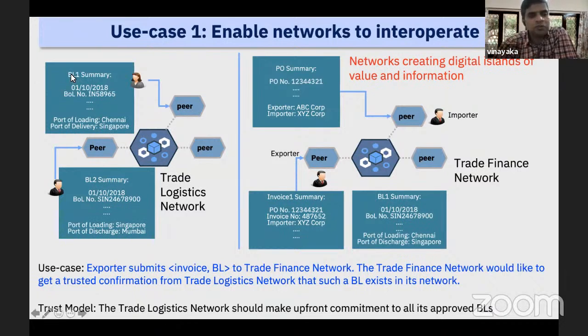So that's what this is, bill of lading. And there's another network which is the trade finance network. Here is an exporter who has sent some shipment. It's got to go to the importer.